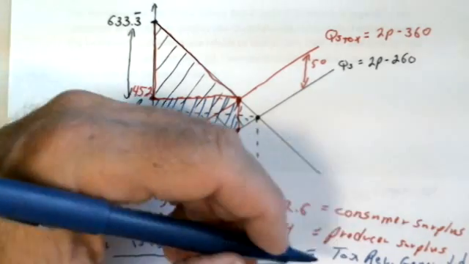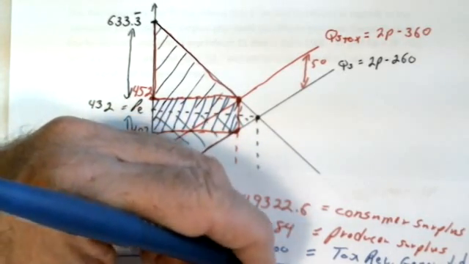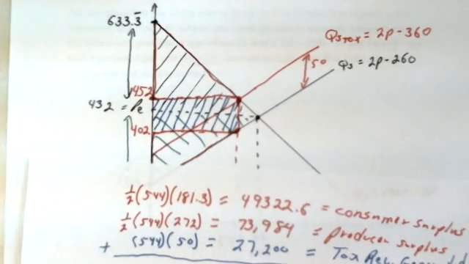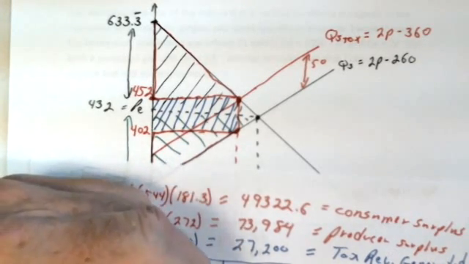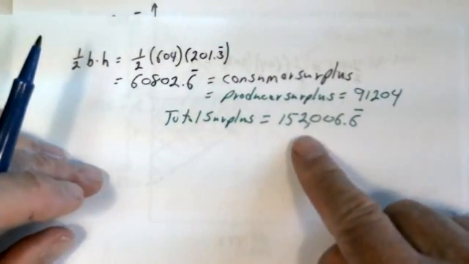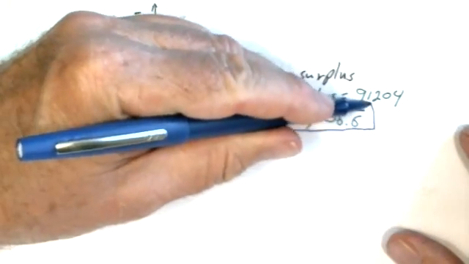So I get a total of 150,506.6, or $150,506.66. Now keep that number in mind, 150,506.6, and compare it to the total surplus we had before, which was 152,000.